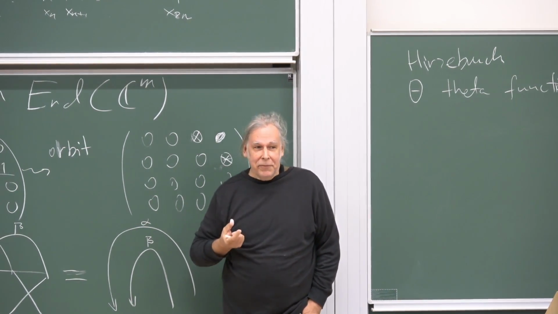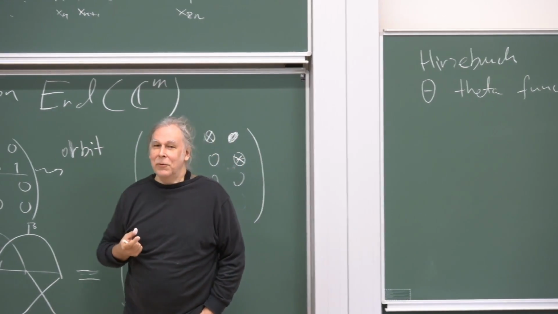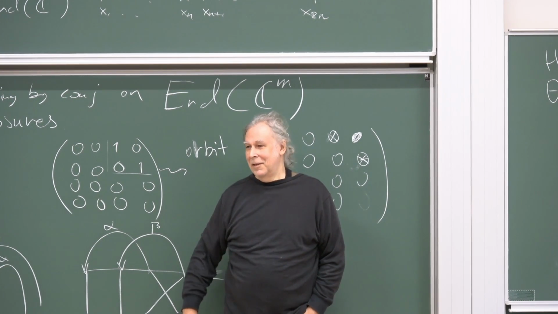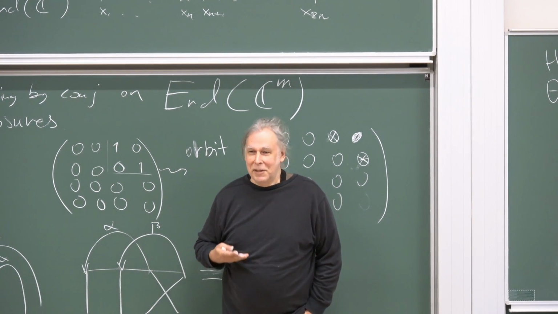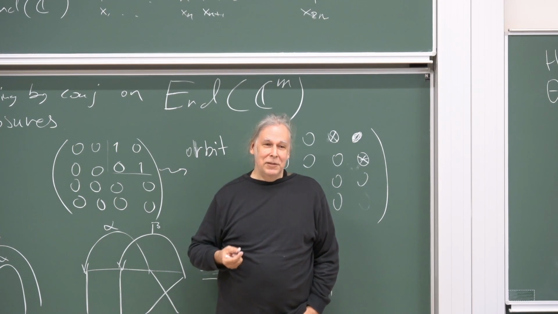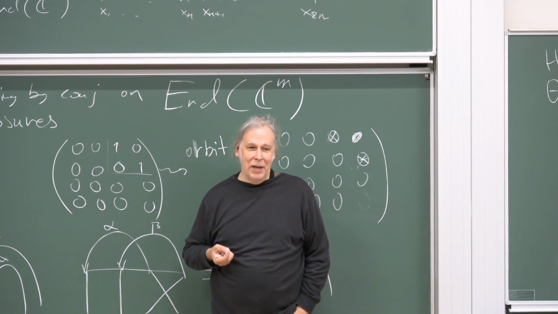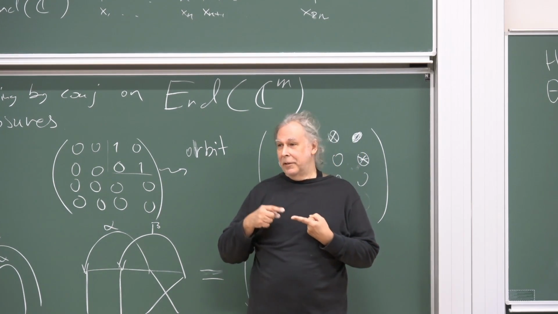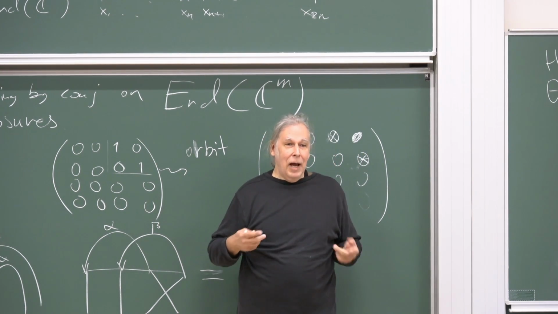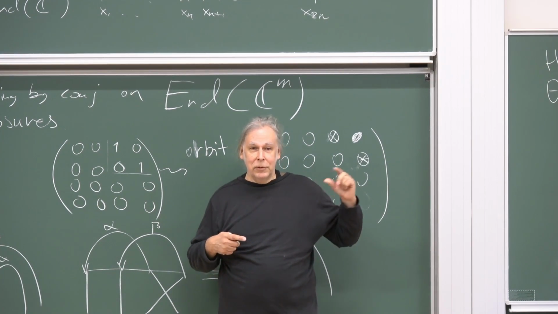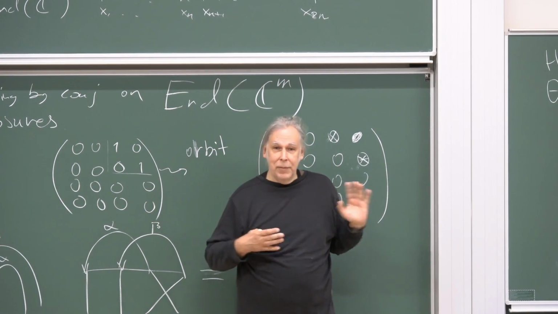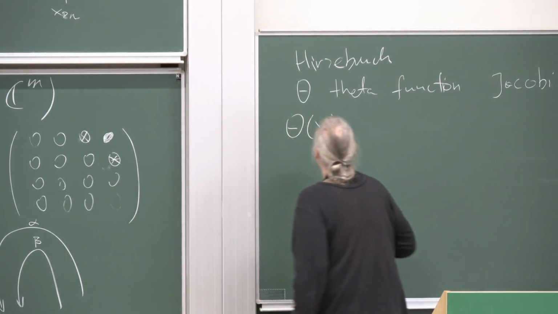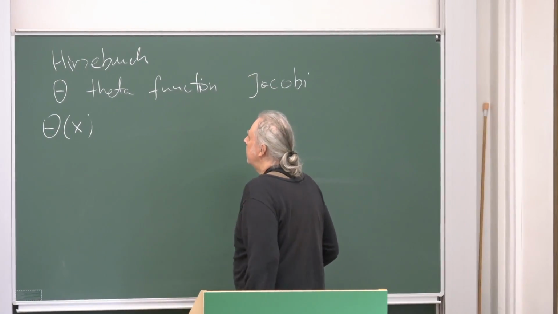You take an elliptic curve, and you have to pick a divisor on an elliptic curve. What is there except the empty divisor? There's only one that comes to mind, which is just 0, or the neutral element. So the theta function is a section of the line bundle given by this divisor. And that's it, up to a scalar, but this scalar would cancel out in my formulas. So theta of x. So this is a section of some bundle on an elliptic curve.